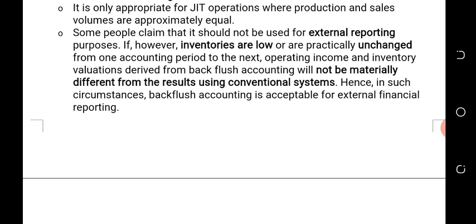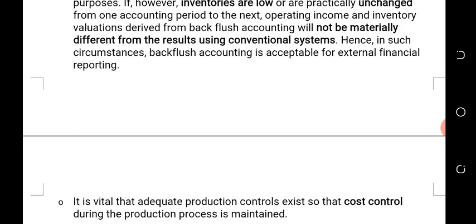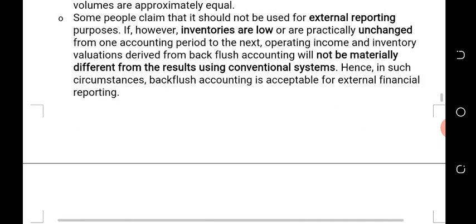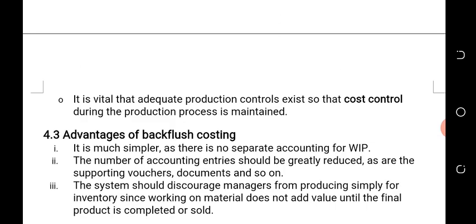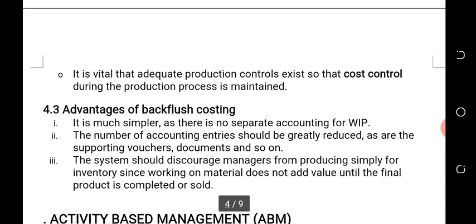Hence, in such circumstances, Backflush accounting is acceptable for external financial reporting. So it is vital that adequate production control exists, so that cost control is maintained. So Backflush costing or accounting is always used where there is an adequate cost control system.